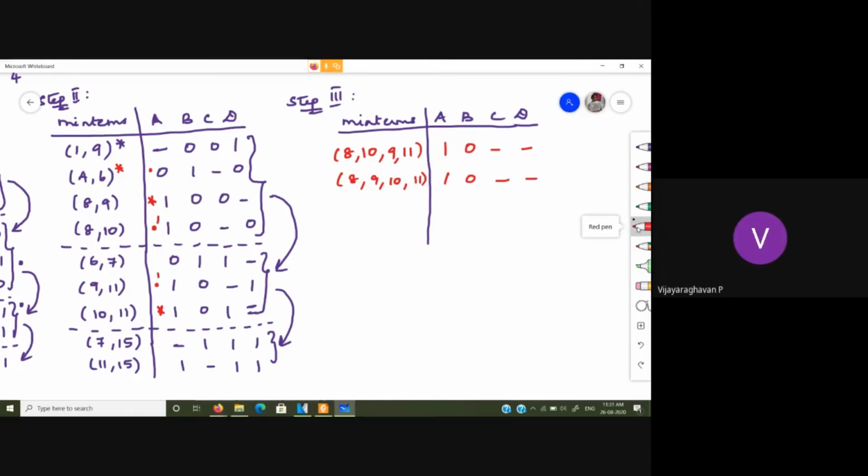Can you explain this red color thing again? We are actually comparing these four minterms. Okay. All of these minterms with all these minterms group. Okay. Wow. So everywhere for comparing, only one variable should change at a time.